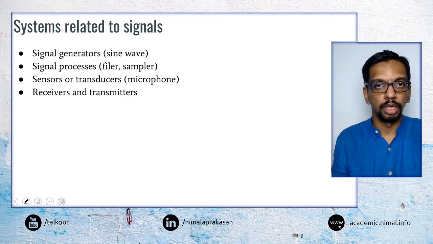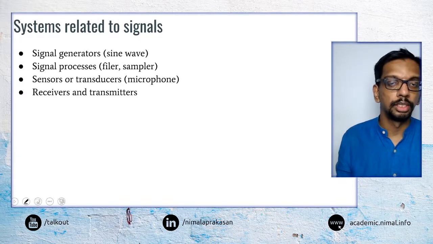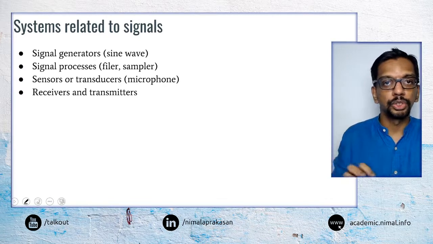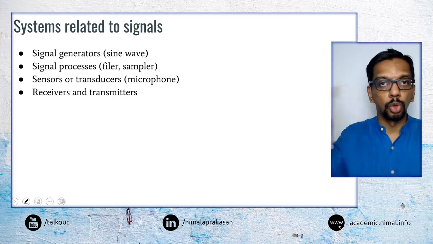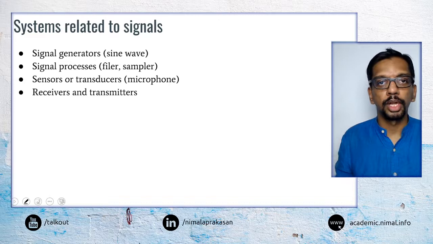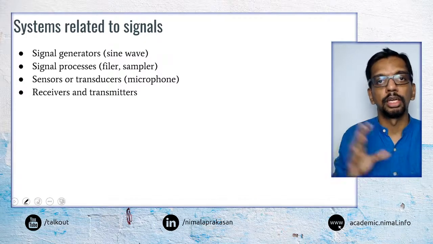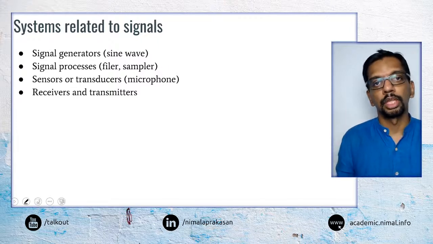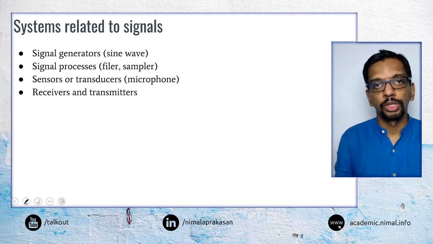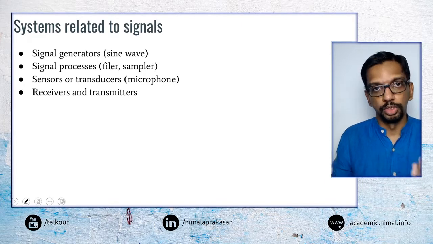For example, we may use a microphone to convert sound into an audio signal. We may use transmitters and receivers to send and receive signals over a distance. For example, we may transmit a signal and receive it at another end, and we may build systems that function using that type of communication. So we may focus on these other types of systems also during this course.